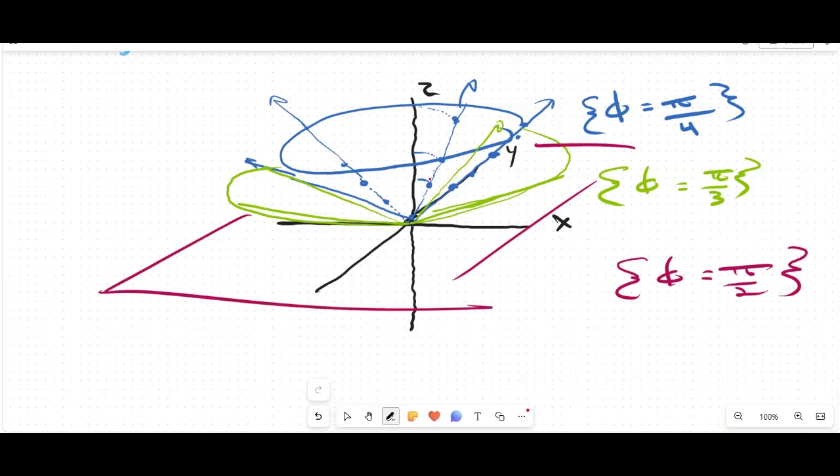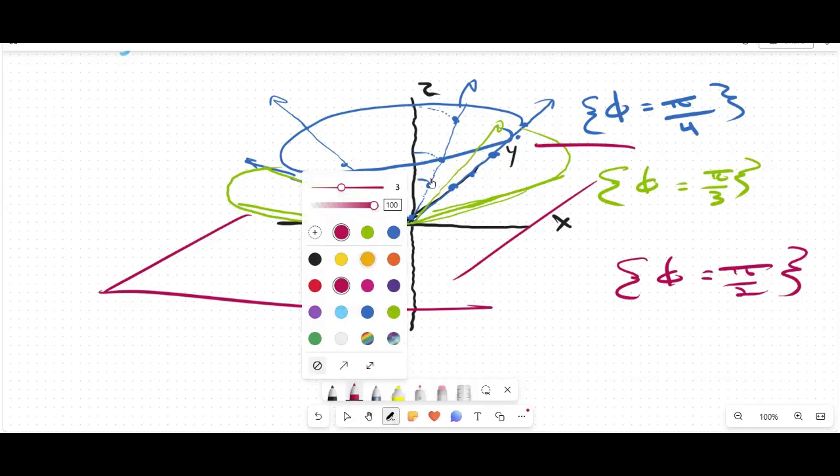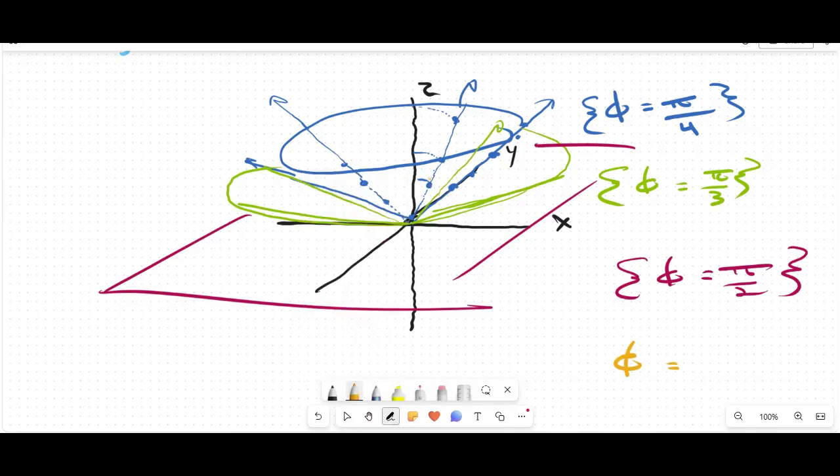And then if you go beyond pi over 2, you start to close in the other direction. So we could throw in a big one, maybe close to pi, like 7 pi over 8. It's very close to pi. So it's like a very narrow cone in the negative direction.